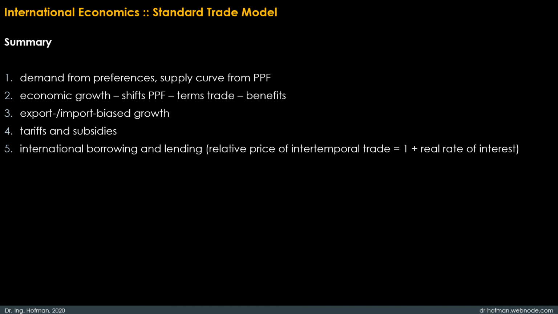Import tariffs and export subsidies affect both relative supply and relative demand. A tariff raises the relative supply of a country's import good while lowering relative demand. A tariff unambiguously improves the country's terms of trade at the rest of the world's expense. An export subsidy has the reverse effect, increasing the relative supply and reducing the relative demand for the country's export goods, and thus worsening the terms of trade.